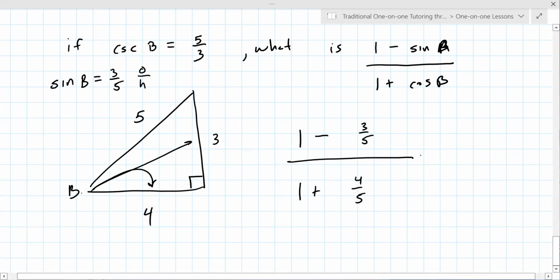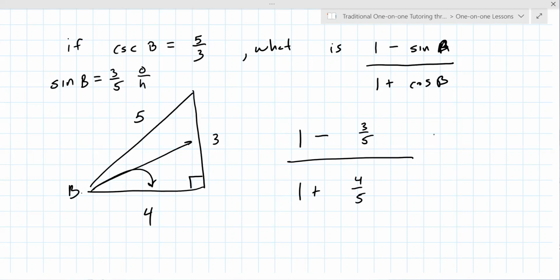Okay, so see if you can reduce this from here, please. 2/9.